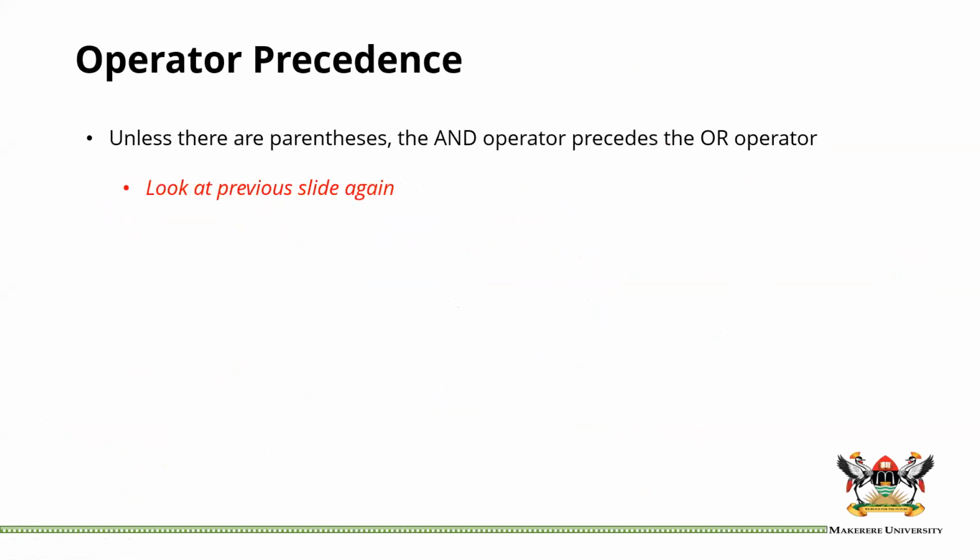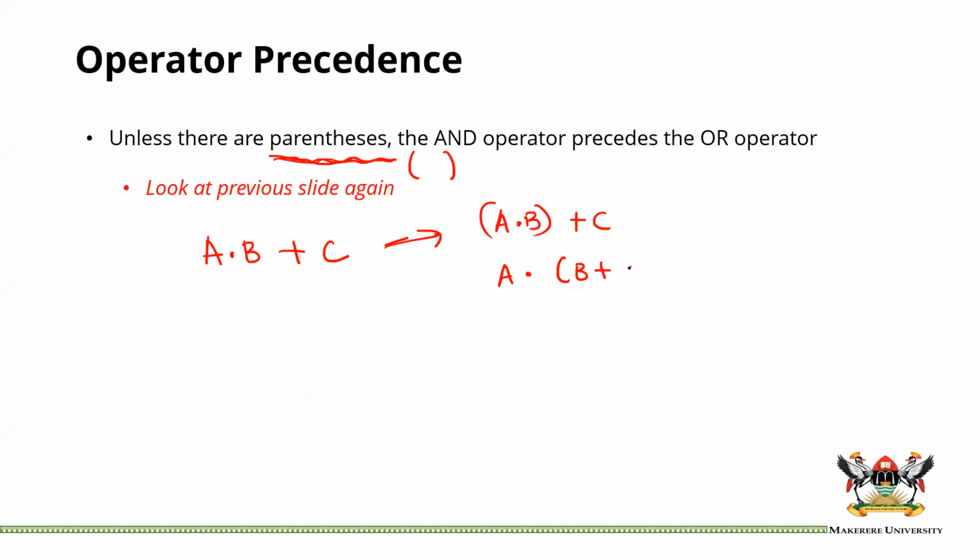So, operator precedence. This is something that we have already talked about. If there are no parentheses, because sometimes we don't use parentheses, those brackets, and I see something like A and B or C, this could be either (A and B) or C, or it could be A and (B or C).